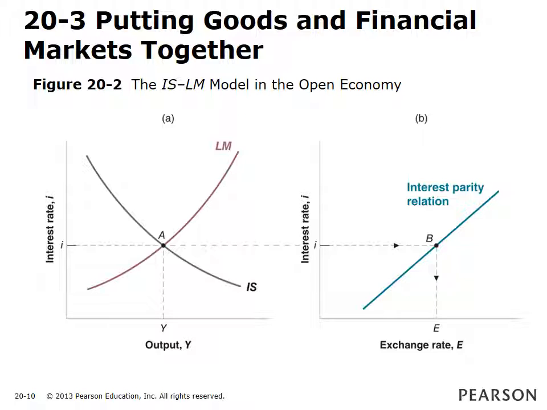Given the real money stock, an increase in output increases the interest rate. Equilibrium output and the equilibrium interest rate are given by the intersection of the IS and LM curves. Given the foreign interest rate and the expected future exchange rate, the equilibrium interest rate determines the equilibrium exchange rate, as shown by the interest parity relation.